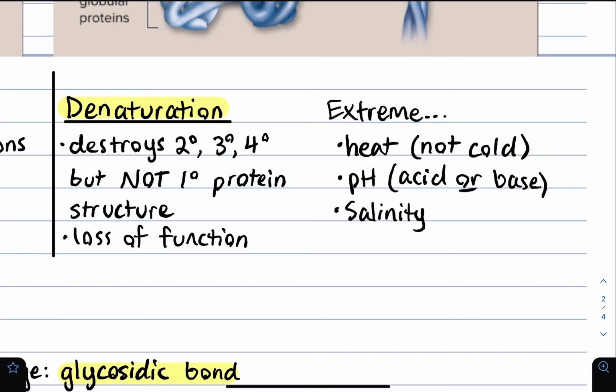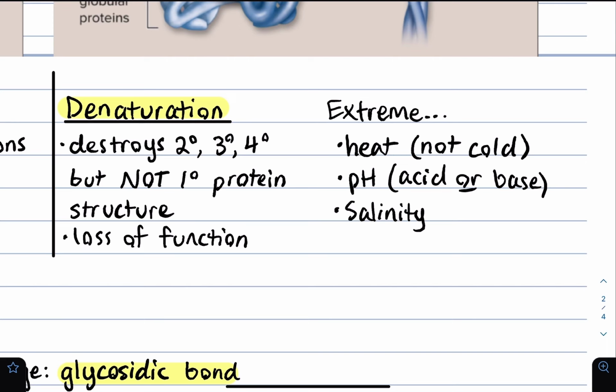But denaturation can happen under extreme heat. It can happen under extreme pH, so if something's really acidic or really basic, and it can happen with extreme salinity, so like if I really increase or decrease the salt concentration, and salt is sodium chloride, you might hear it like that. For each of these, every protein, including enzymes, is going to have an optimal. So some of them work in really high temperatures, like bacteria that live in hot springs and have enzymes inside them.